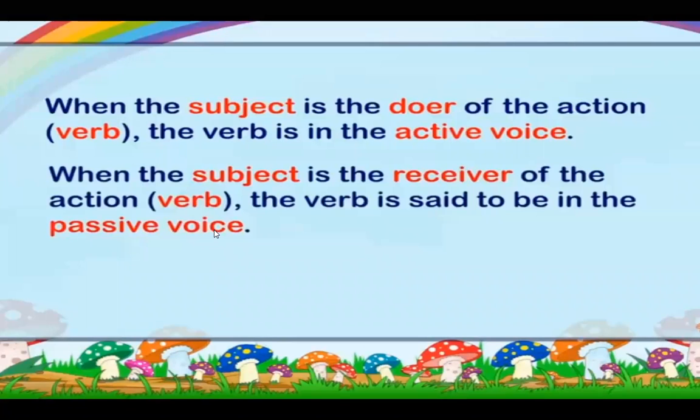As I told you, when the object comes in the beginning of the sentence, it is passive voice, and when the subject comes in the beginning of the sentence, it is active voice. Is there any confusion, class? Those who are raising hand, please go ahead, beta. You want to ask something?